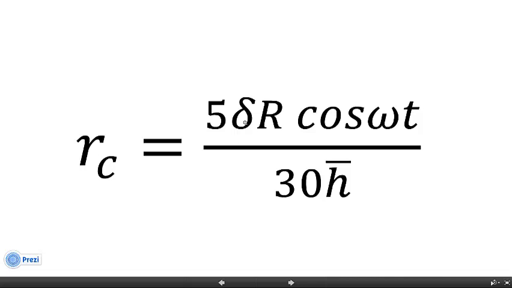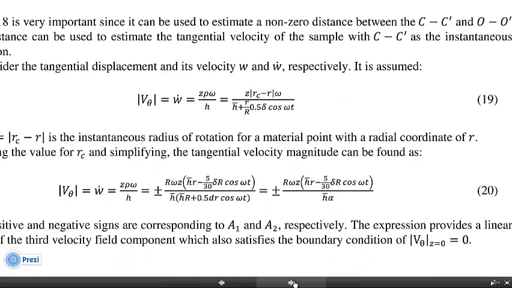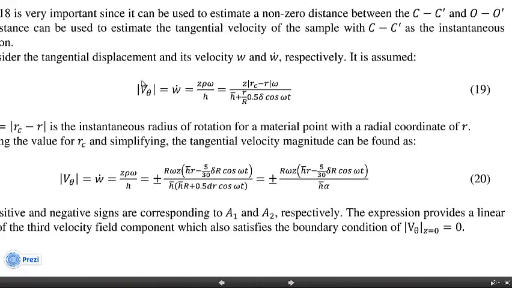So delta is the height runout, r is the radius of the sample, and depending on what time frame it is, we can work out the distance of the instantaneous center of rotation. And from here we can establish the tangential velocity by considering rho and the distance between the instantaneous center of rotation and the geometrical axis.